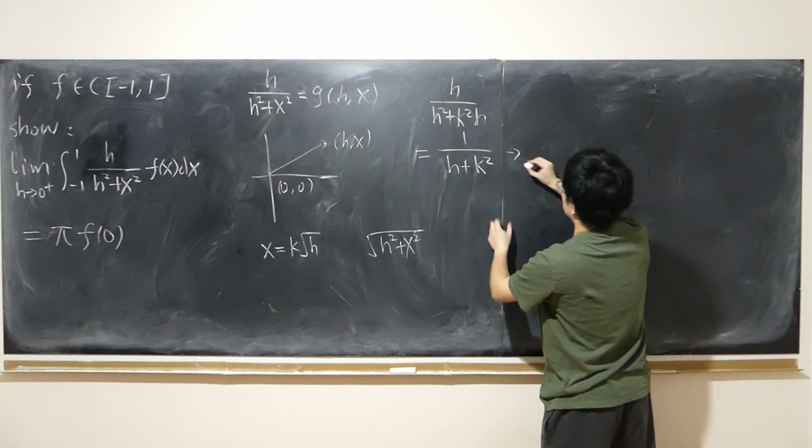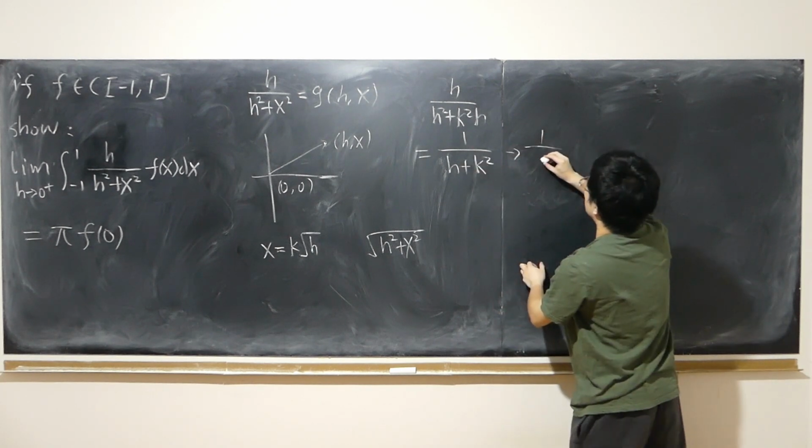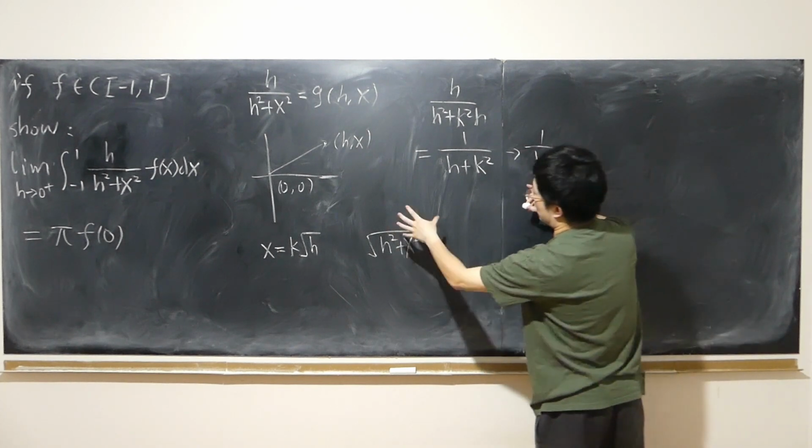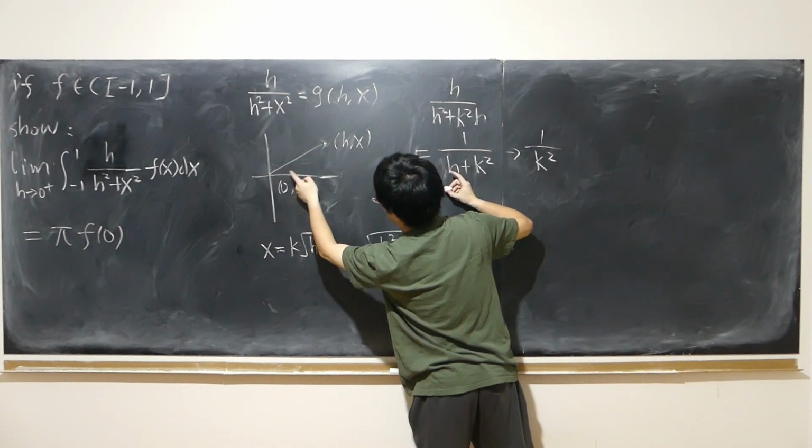So this will approach 1 over k squared, that is its limit as this point gets closer and closer to this point.